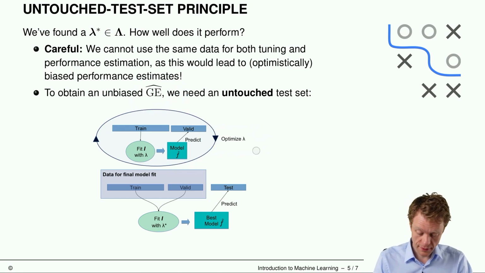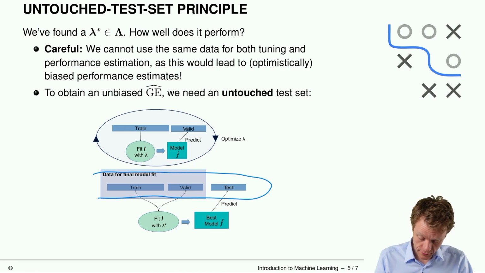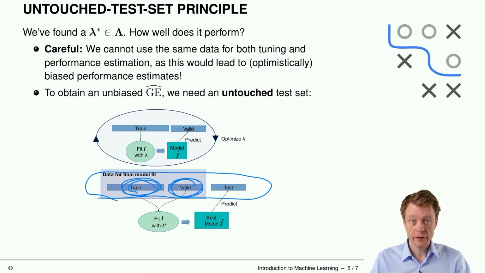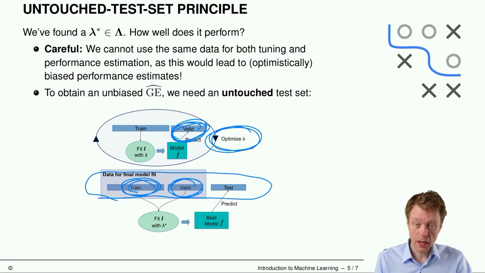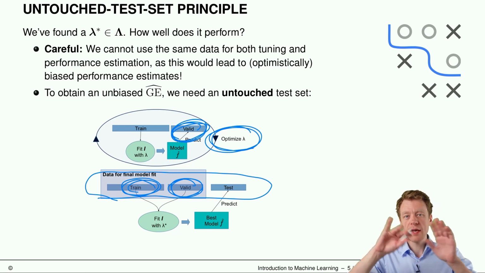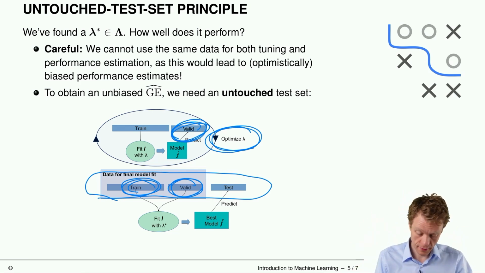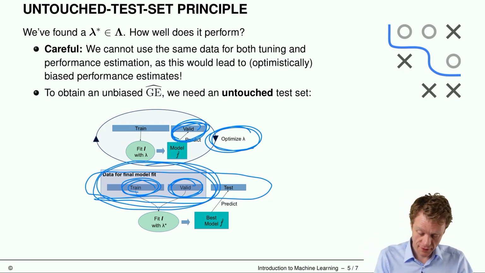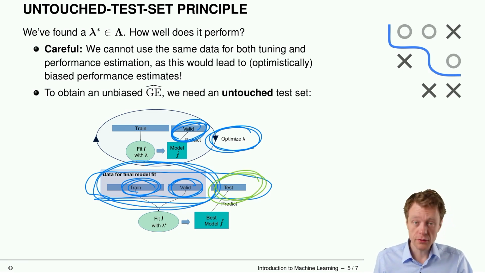So basically in the end we have to do a three-way split. If you look at this here, so we still need some train data, we need some validation data for finding the best hyperparameter combination, but then we take all of this and say, okay, let's train a new model on train and valid together and just evaluate this on a new test set.